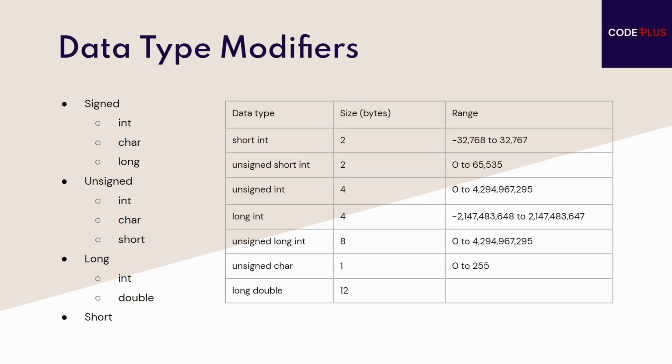And this is the table of their keywords, sizes, and ranges. It is not mandatory to remember the ranges of each data type or modifier. You can just note down the tables and you are ready to use data types.